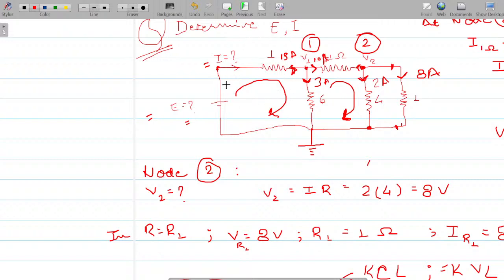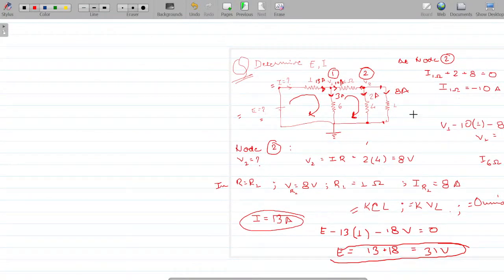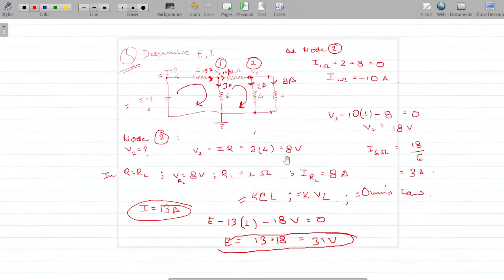When you know the current in this branch, apply KVL, and you will know what E is. So it is a simple, step by step application of whatever you have read so far. It is not difficult. You have to apply everything that you know, and it will be a very smooth sail for you. You need to be very clear with your concepts, and that is all you need.